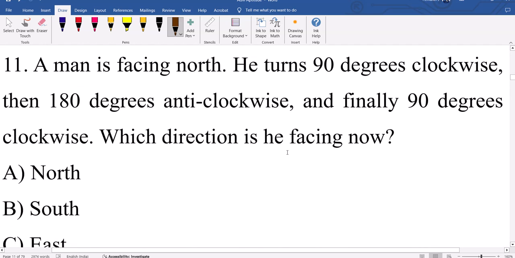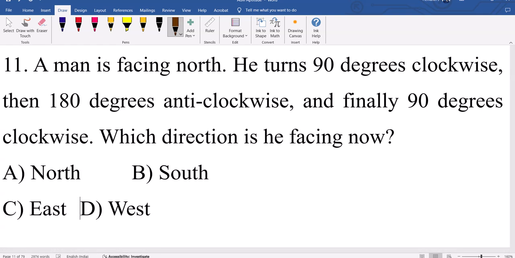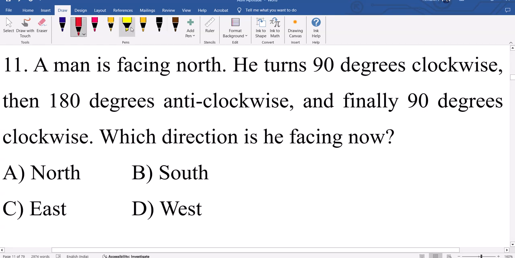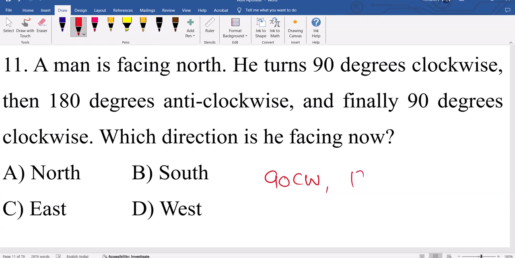Now, next question, see these directions with angle. Listen, initially facing north. Next 90 degrees clockwise. No need of going through every step. Listen, see the simple approach. 90 clockwise, then 180, then 90.